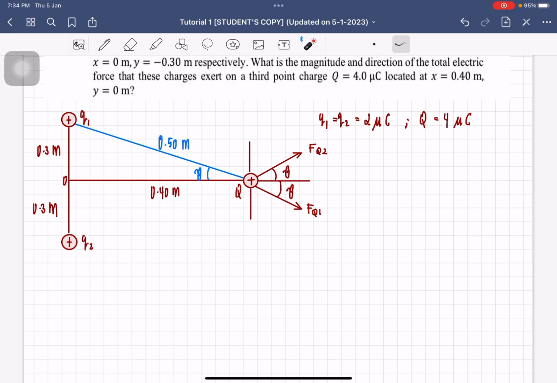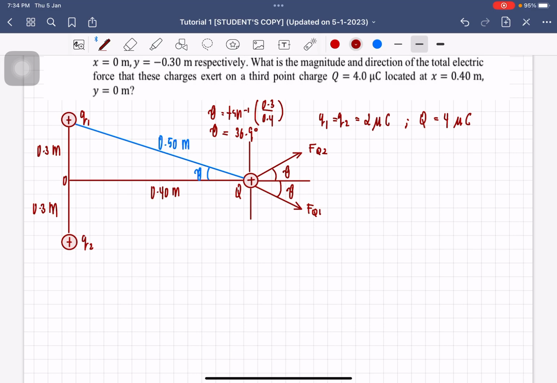So first I would start by looking for the value of theta, because that's basically the easiest part. That is shift tangent, opposite over adjacent, so that is 0.3 over 0.4, which gives you theta equal to 36.9 degrees. After finding theta, we already have the distance.